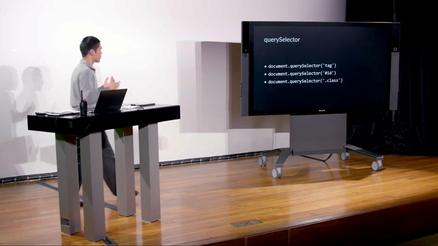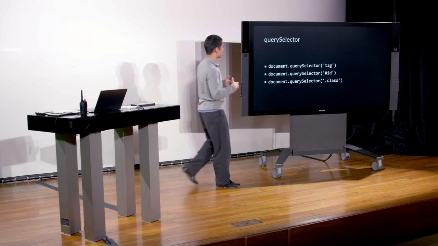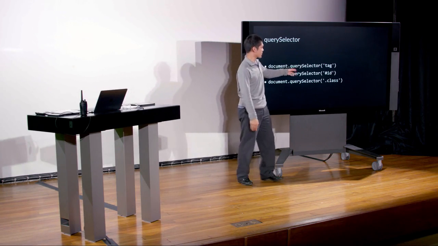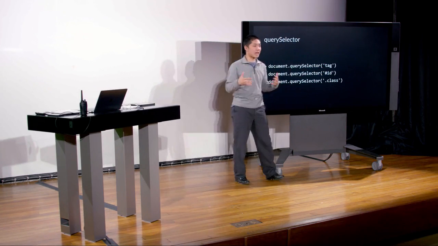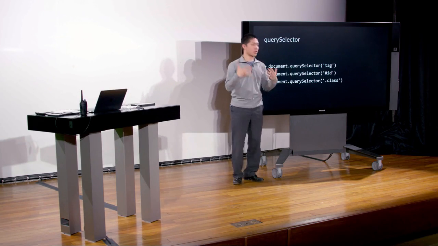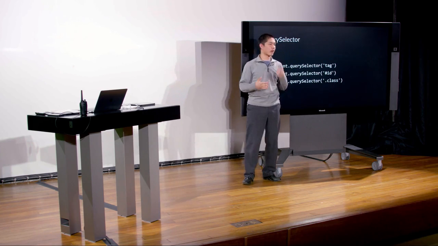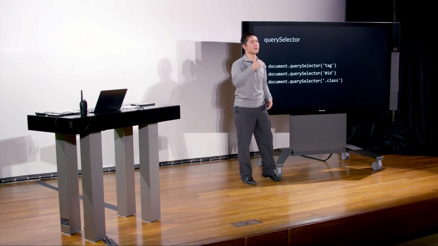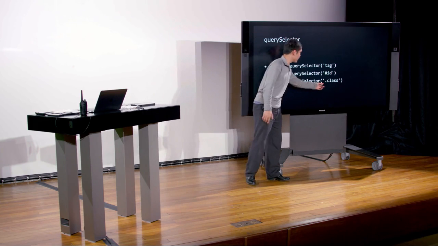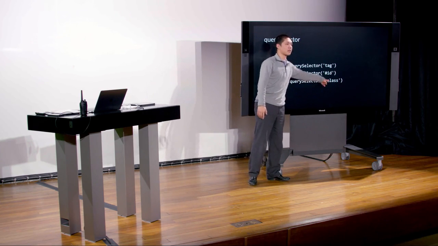And just to give you a brief overview of the simple things that you can do with query selector, what we saw just now was using document.querySelector to select a tag, like an h1 tag in this instance. We could also have used query selector to select for a particular ID just by using the # in front of it. This is the equivalent of what getElementById would do. Or alternatively, by a particular class just by using the dot in front of it.